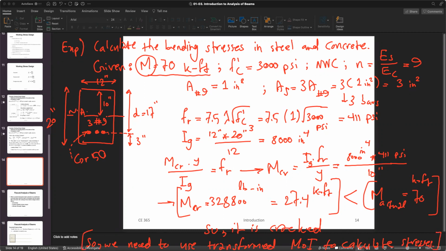I'm going to now erase the writings of this calculation and then start to talk about how to find the correct moment of inertia, or the transformed moment of inertia. You can call it either way.